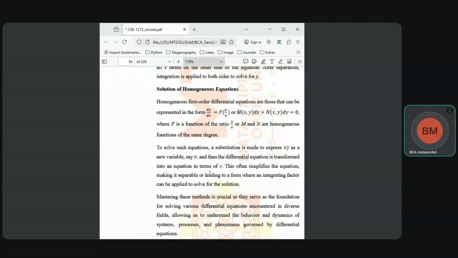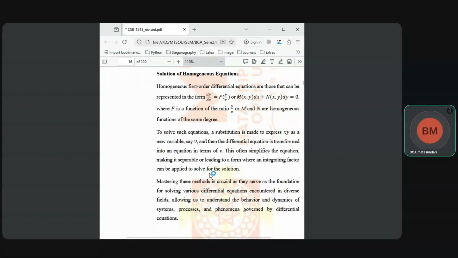Homogeneous first order differential equations are those that can be represented in the form dy by dx equal to f(y by x), or M(x, y) dx plus N(x, y) dy equal to 0, where f is a function of the ratio y by x, or M and N are homogeneous functions of the same degree. If it is the same degree, then we can say it's a homogeneous function.